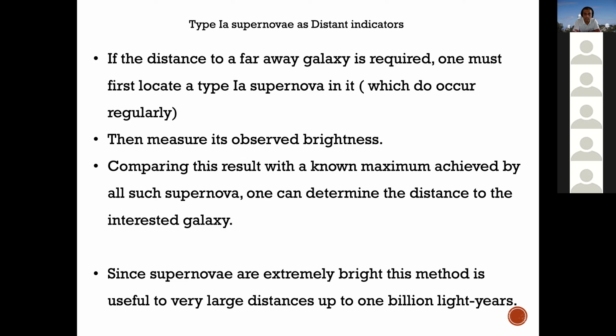The idea is, as I discussed in the morning, if you can observe one of these type 1A supernovas in a distant galaxy, basically you can use that type 1A supernova to measure the distance to that particular galaxy, right? Now let me show you an example.